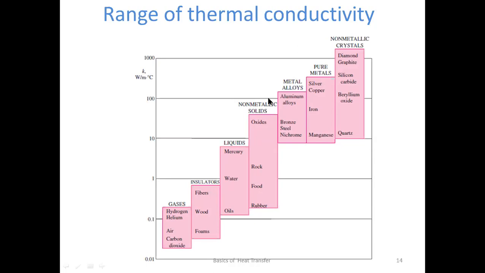There is, thermal conductivity is present for all the fluids, whether solid, liquids or gases, but its value will be varying. It is less for gases, middle for liquids, and obviously high for solids. Now among the solids, it is higher for metals, less for non-metals, and it is very high for pure crystalline solids, just like diamond, graphite, like that.